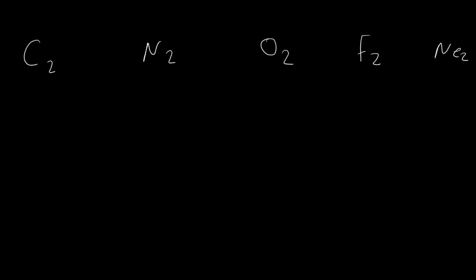The bond order for C2 is 2, for N2 it is 3, for O2 it is 2, for F2 it is 1, and for Ne2 it is 0.